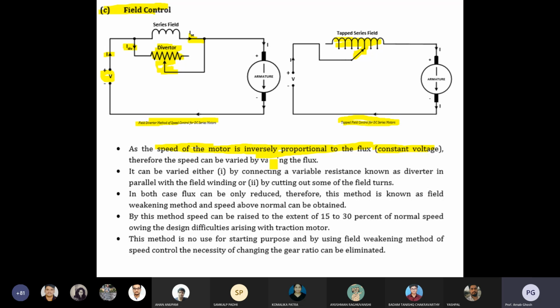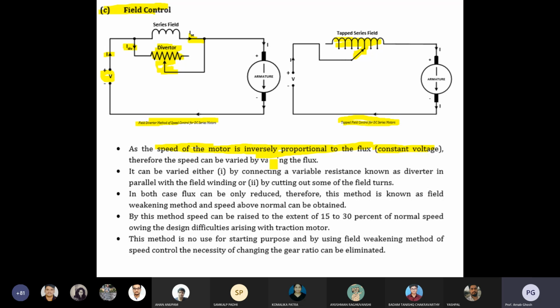EB equals ZNφP by 60A. Z is constant, N we are considering as variable, φ is constant, and P, the number of poles, is also constant, as is 60A. Sometimes φ is constant, or sometimes it can vary. Since we are considering field control, φ may vary.